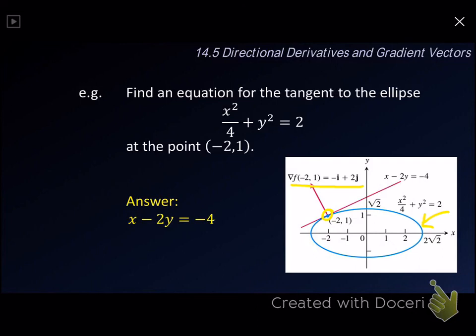And the equation we have found for the tangent is x minus 2y equals -4, and this red line is the tangent line for the ellipse at the point (-2, 1).